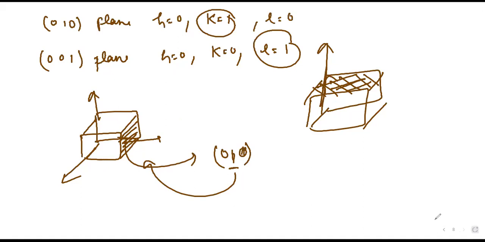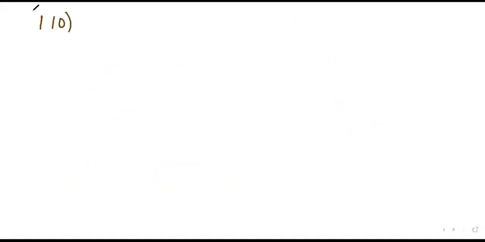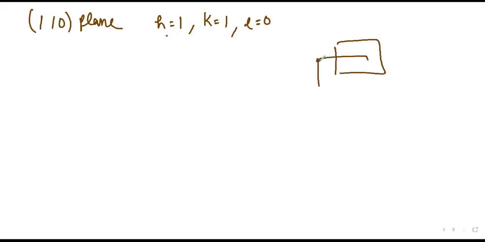Now the very interesting one is the (1,1,0) plane. It means here h is equal to 1, k is equal to 1, as well as l is equal to 0. Here it will talk about two axes, the x-axis as well as the y-axis. So if I'm again making the crystal lattice, this is my x-axis, this is my z-axis, this is my y-axis.